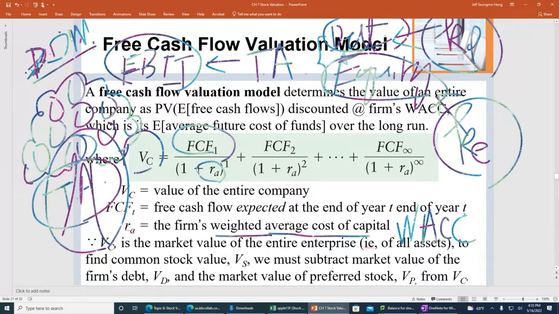So the tree bears fruit, and this fruit is the profit. Although the profit belongs only to the equity holders, not the bond holders, the fruit is the result of the workings of both equity and debt, right? Makes sense?